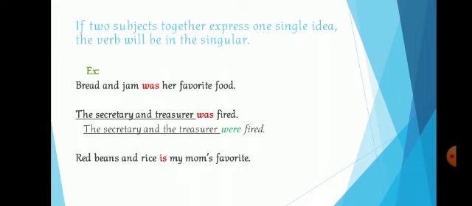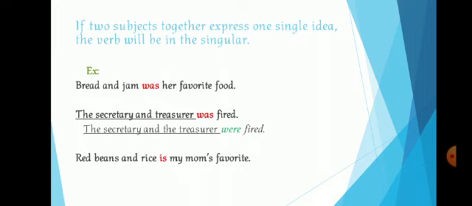Now if you take a company, secretary means a person who is an assistant to the boss. Treasurer means the person who looks after the money side, right? So if in a company, one person works as both the secretary and the treasurer, right? That person holds both posts.